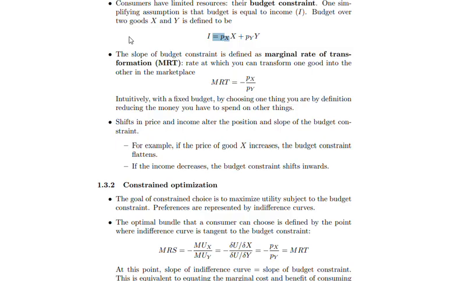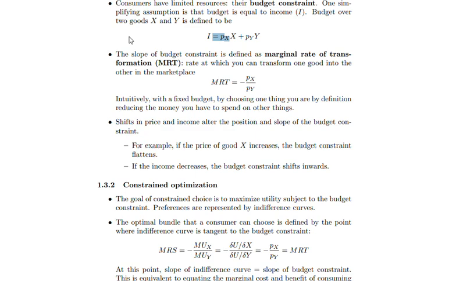It is defined, or proved, by the market. That means every consumer, the aggregate consumer, is willing to translate X into Y and Y into X at a certain ratio. It's the MRT.